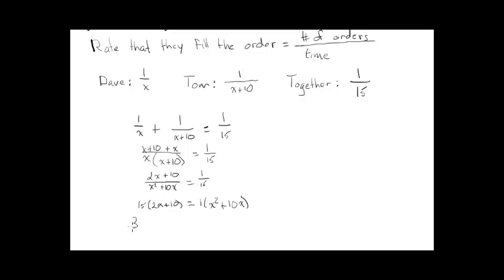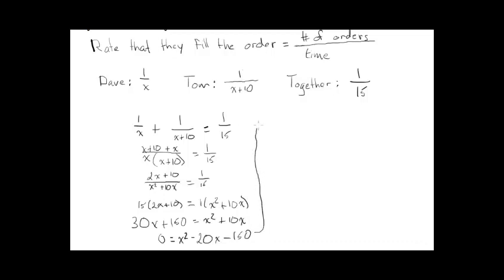Expanding will give you 30x plus 150 equals x squared plus 10x. Then collecting like terms, getting everything on one side, you would have 0 equals x squared. You have 10x here, you subtract 30x, so that would be minus 20x, minus 150.